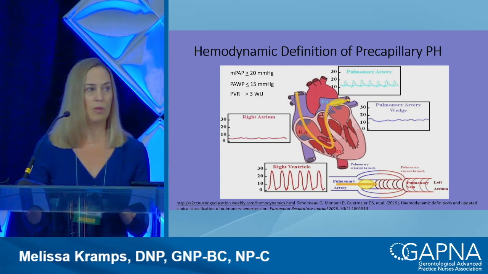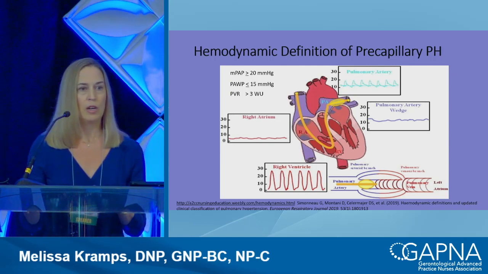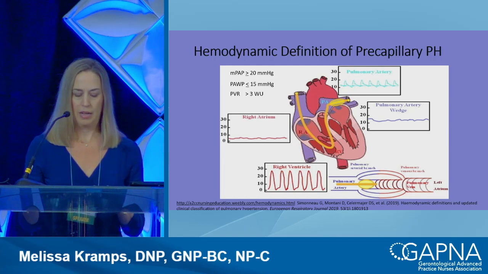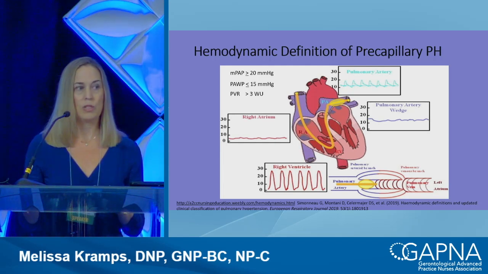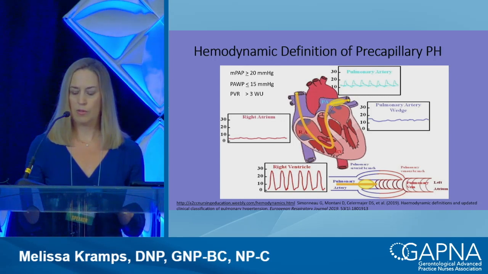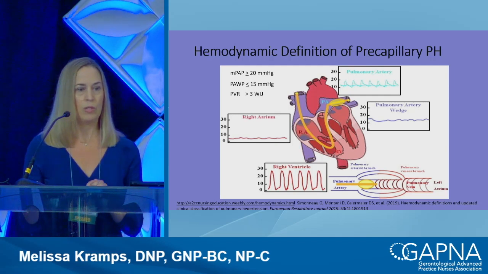There are three categories of pulmonary hypertension: pre-capillary, post-capillary, and combined pre- and post-capillary. Our focus, pre-capillary pulmonary hypertension, requires that the wedge pressure, which is a surrogate for left atrial pressure, be less than or equal to 15 and the PVR greater than 3 Woods units.